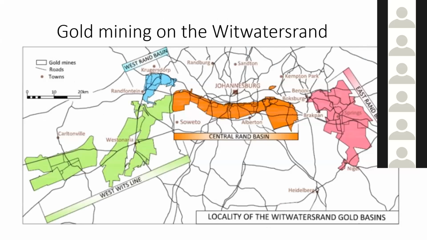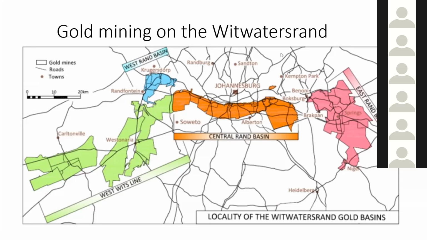So continuing from there, as I'm sure we're all aware of the Wit gold mining, we've got three main basins. Over here, there's actually the Far West Rand, West Rand, Central Rand Basin, and East Rand Basin. And so we can see that mining and acid mine drainage is a very broad geographical problem.